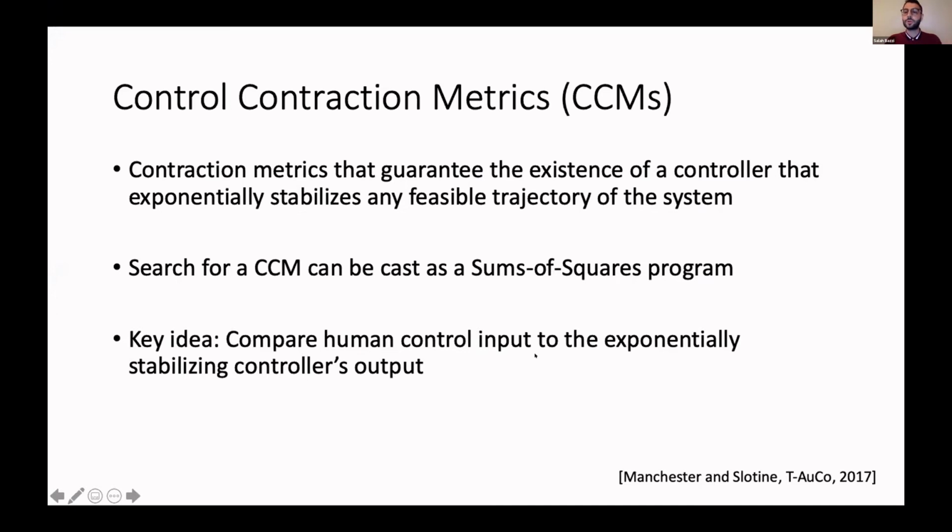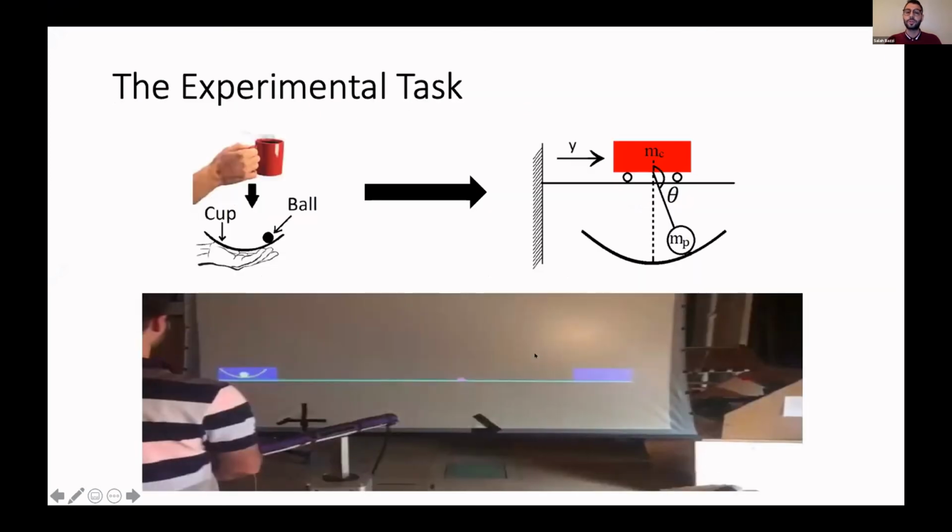There are a lot of tools that we can easily use to solve such a problem. And then the key idea that we're proposing is, once you find that control contraction metric and write down the controller associated to that metric, you can then compare it to the human control input that we've collected in some human experiment and ask the question: is the human control policy actively seeking to exponentially stabilize the trajectories?